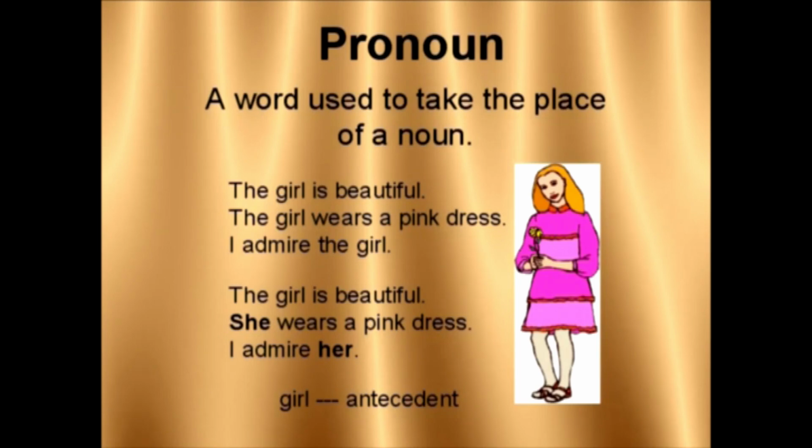Now let's see how much better the sentences would be with the use of pronouns. The girl is beautiful. She wears a pink dress. I admire her. In the two sentences, the word girl is replaced by the words she and her. And so she and her are called pronouns, and the noun girl is called the antecedent, the word the pronouns she and her stand for.